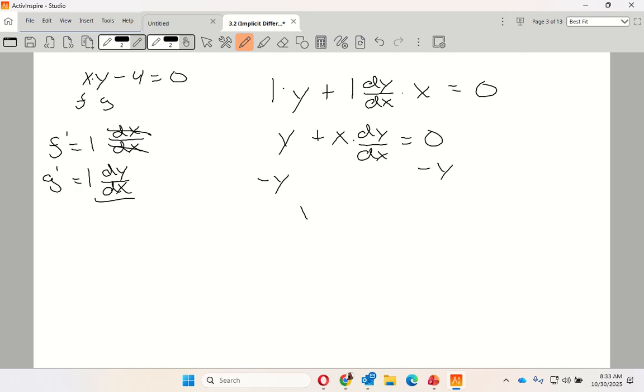So now I get x dy/dx is equal to negative y. And what? Divided by x. Very good. So I get dy/dx is equal to negative y over x.